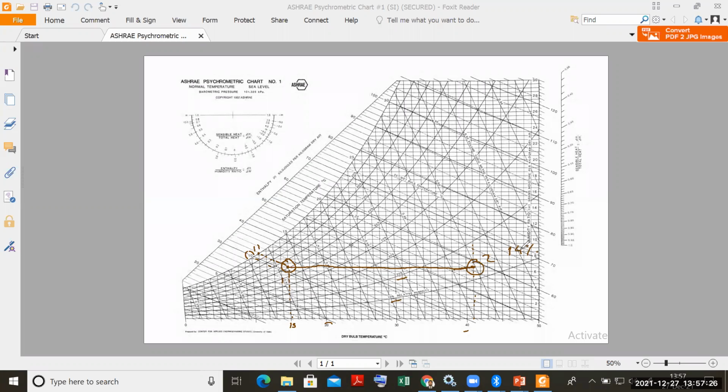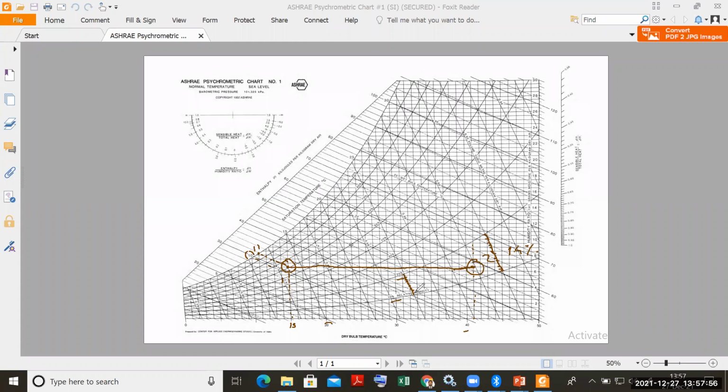Right? Now, how to calculate the exact value? You may be asking, sir, how to calculate this exact value? You can calculate it, you just have to draw a line here. Make 10 divisions like this. Then draw another line, already there, then draw 10 divisions.